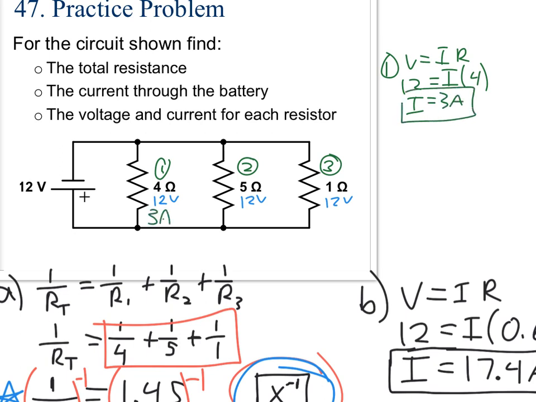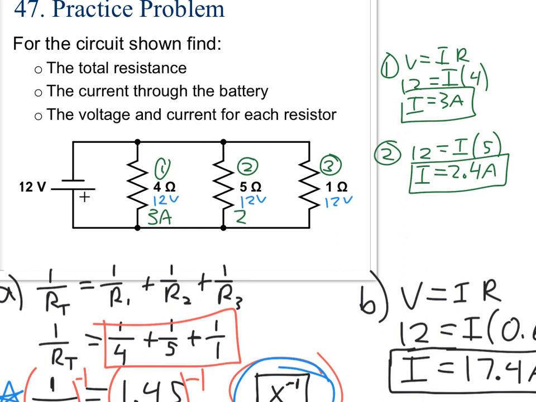For the second resistor, I'm going to skip a step and go right to 12 equals I times 5, but again, I'm just using Ohm's law. So the current through that second one is 2.4 amps. Then through my final resistor, you probably don't need any math or calculator for this one, 12 equals I times 1, so the current here is 12 amps.